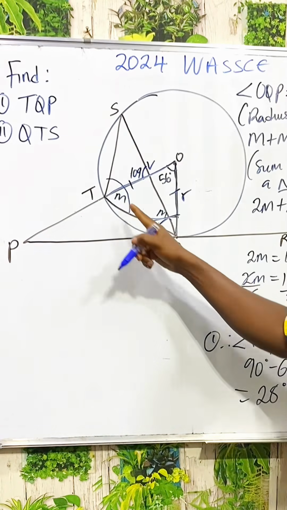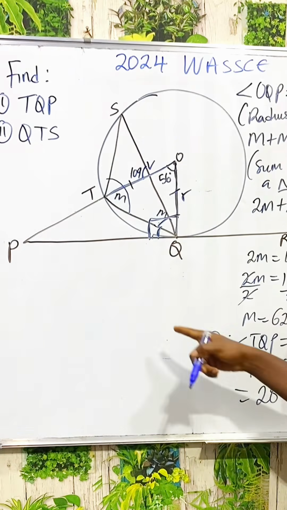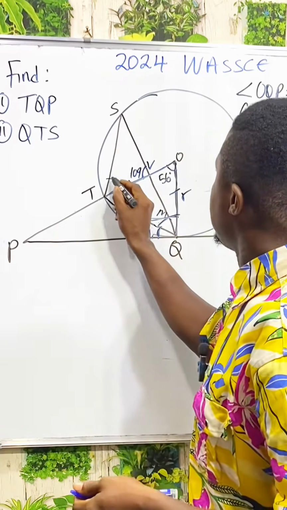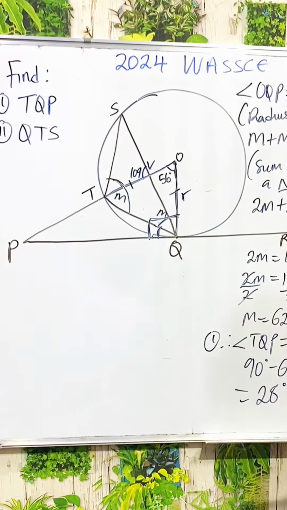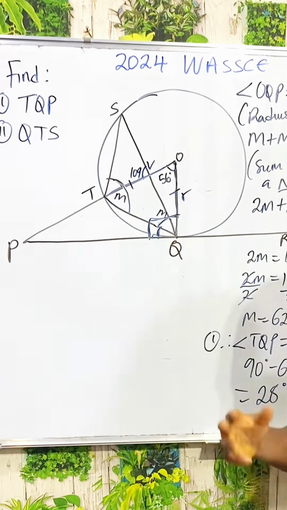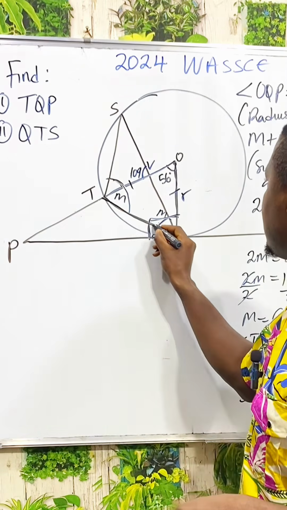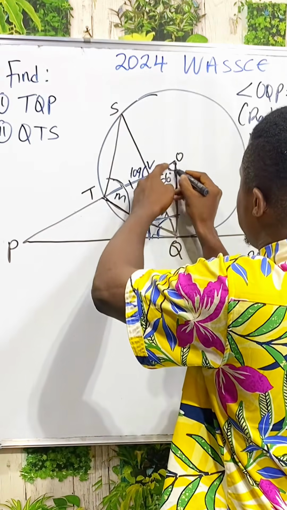Already we have gotten M as 62. So what we need is to get this one here. We only need to get this angle here. Once we get it, add it to 62, you get your answer. Now, this topic is called some have eyes but cannot see. This is a chord. A chord leaves an angle at the center, 56.